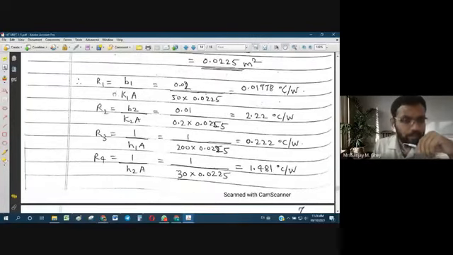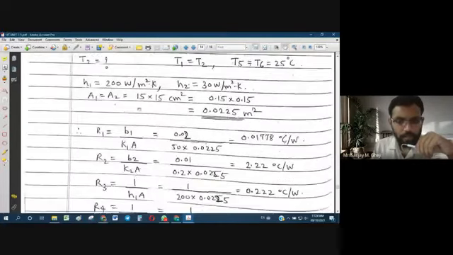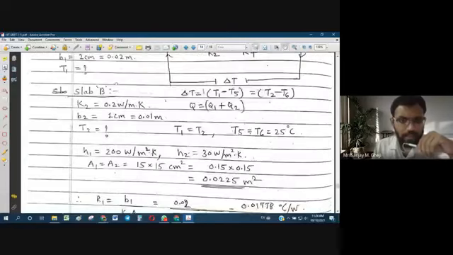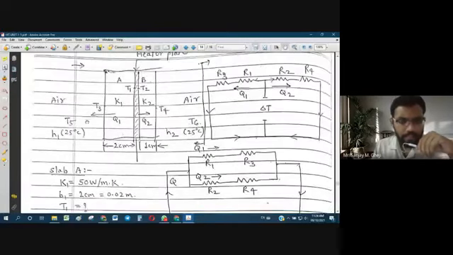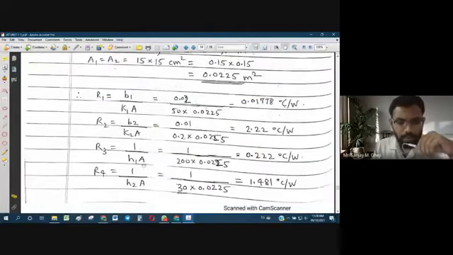Then R2 is again conductive resistance on the B side of the plate, so B2 upon K2 into area. Put all the values in SI units, and you get 2.22 degrees Celsius per watt. Then R3 is convective resistance on the A side, that is the left side, due to air. It is 1 upon hA, so 1 upon H1 into area.